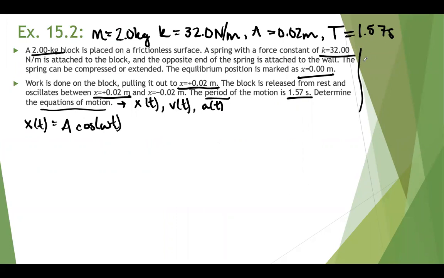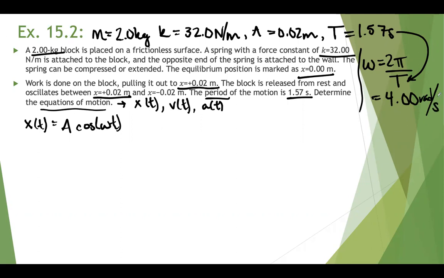I'm going to go ahead and write it over here. Omega equals 2 pi over the period. Okay. So if we plug our period in there, let me grab my calculator and do it. 2 pi over 1.57. We get the angular velocity omega, 4.00, and this will be in radians per second.